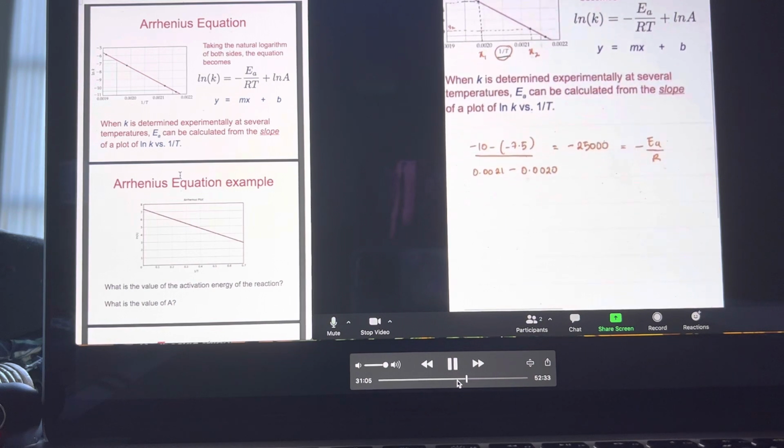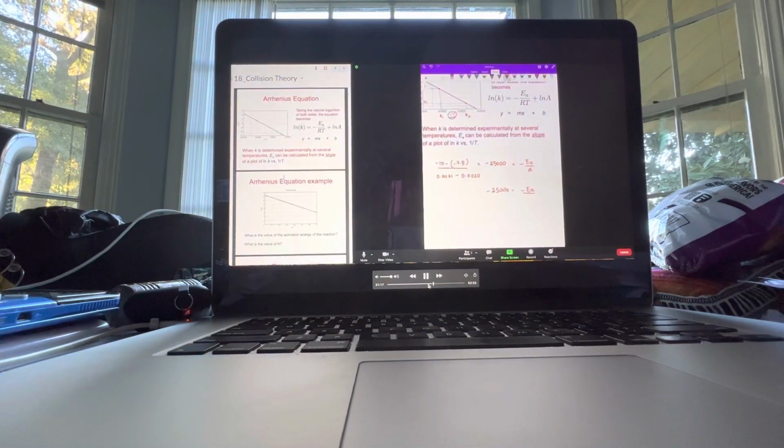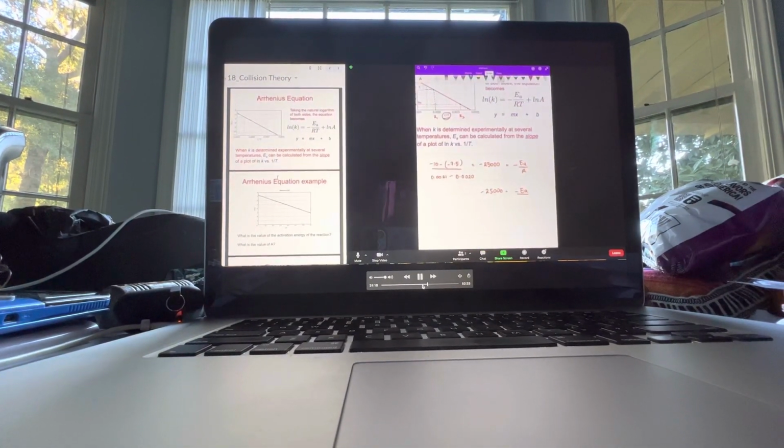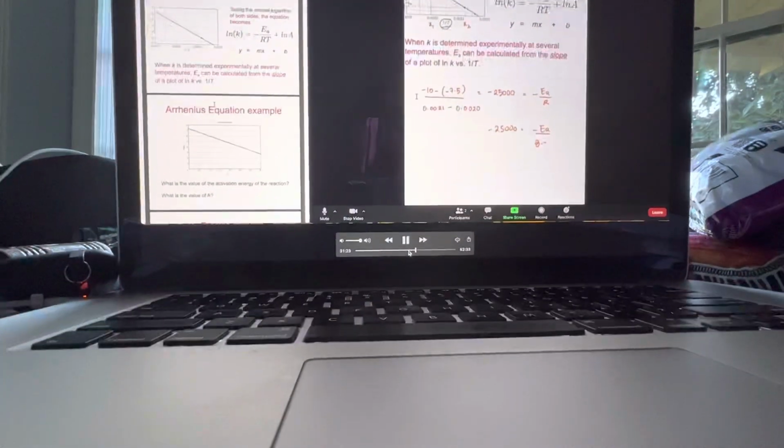Okay. So we can do negative 25,000 is equal to negative EA over R, and R is 8.314, I believe. Yeah. It's 8.314.